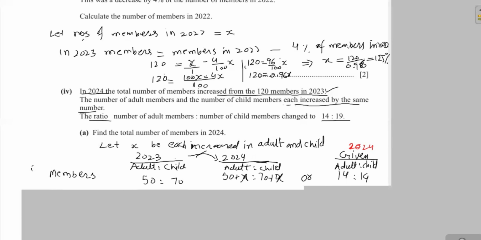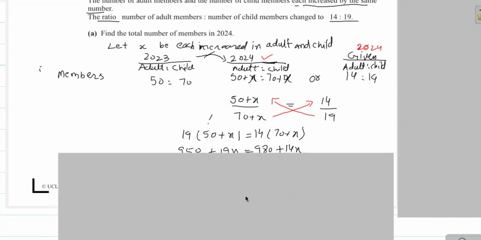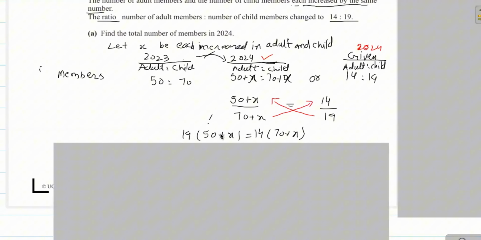This 2024 ratio and the given 2024 ratio will be equal. Therefore, we write 50 plus x over 70 plus x equals 14 over 19. Now we will simplify this equation. We will cross multiply: 19 multiply 50 plus x equals 14 multiply 70 plus x.